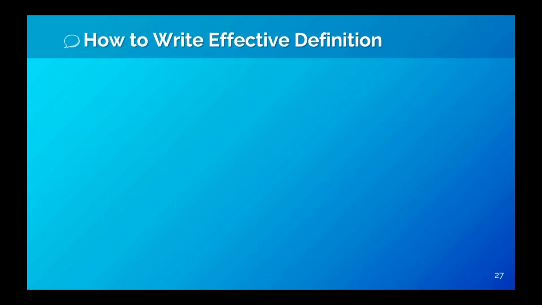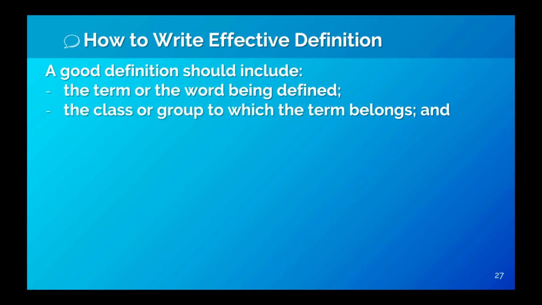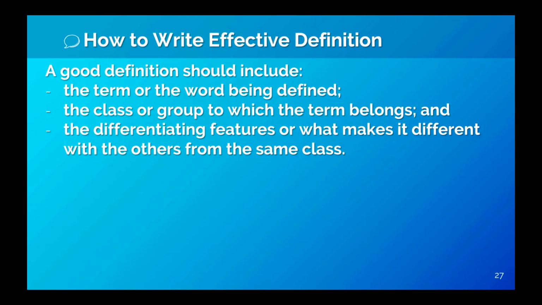I have here an example of a definition. You have to remember this, that a good definition should include the term you are going to define, of course, because you cannot define without the term. Second, the class or the group to which the term belongs, and the differentiating features or what makes it different from the others from the same class.